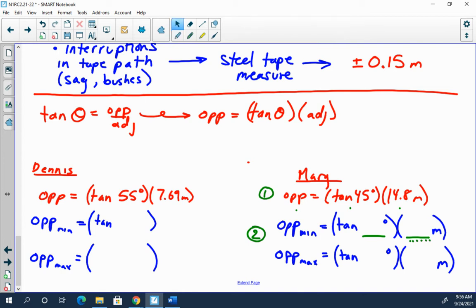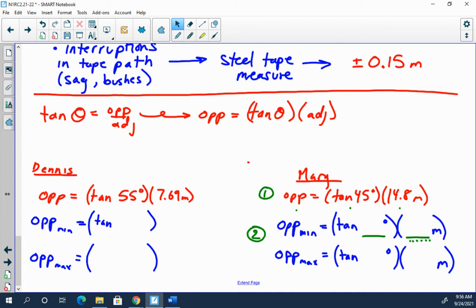Tangent you may not remember, so you can do a couple of test cases. You can take your calculator and plug in tangent of 20. That comes out to 0.364. Tangent of 30, 0.577. You can even do tangent of 60 to make sure there's no inversion at 45. 1.732.